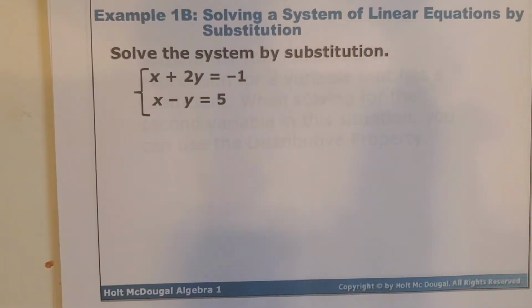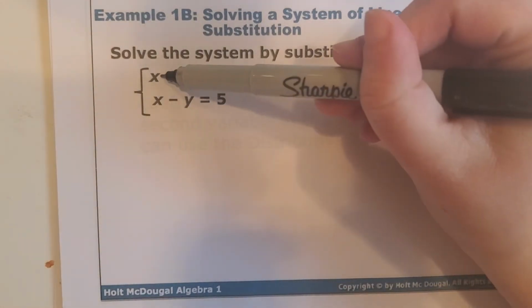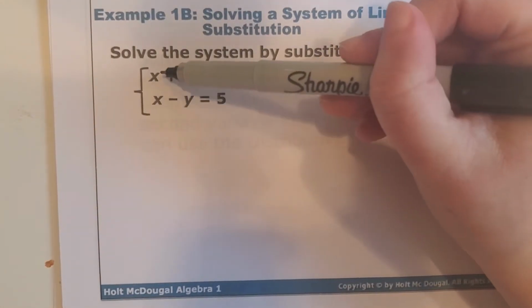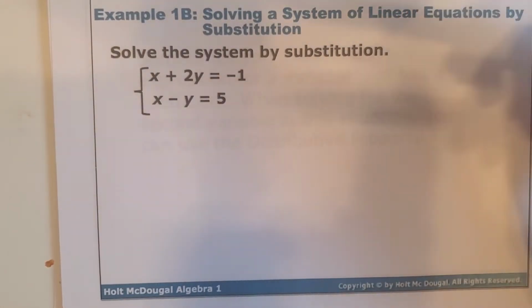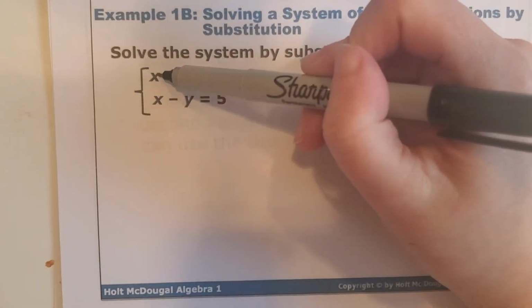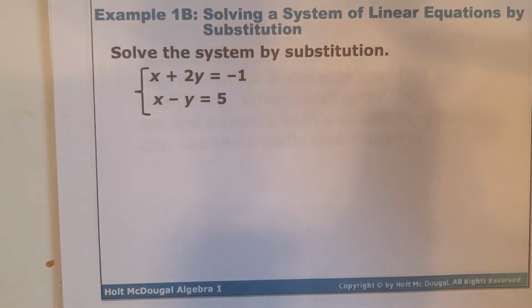What I mean by that with this problem is these two x's. Both of the x's do not have a coefficient in front. There's an invisible positive 1. So solving either one of these for x is going to be pretty easy.